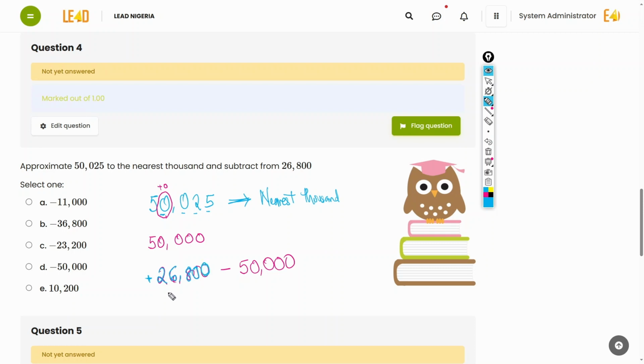And then you have 50,000 bad guys. By the time they're done fighting, you would expect the bad guys to win. So your answer will be negative because you have more bad guys than good guys.